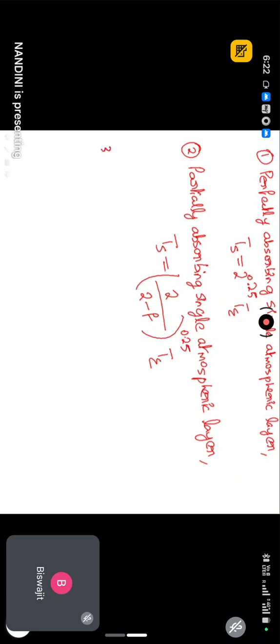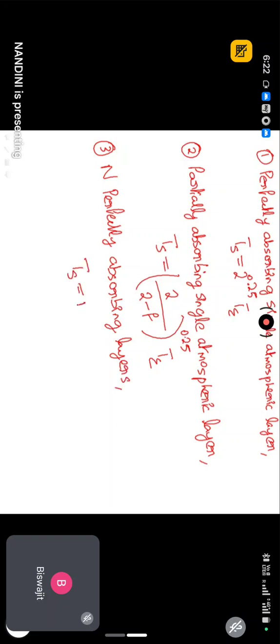Now we derived for perfectly absorbing two atmospheric layers, or in a more general form, n perfectly absorbing layers: Ts is equal to n plus 1 the whole raised to 1 by 4 or 0.25 into T epsilon. So these are the different equations that we derived.